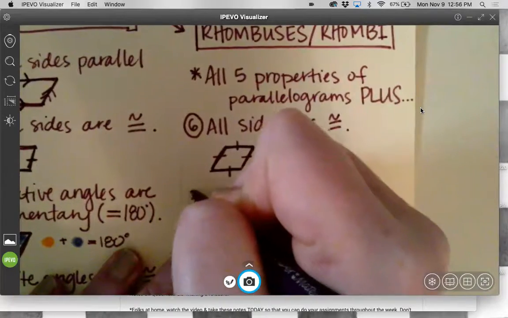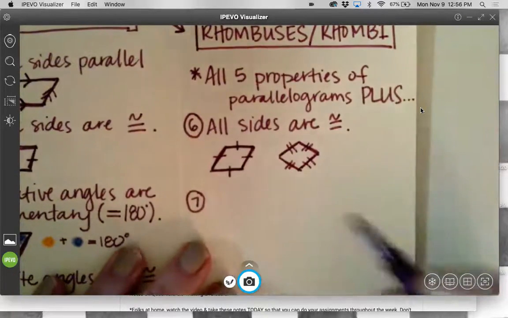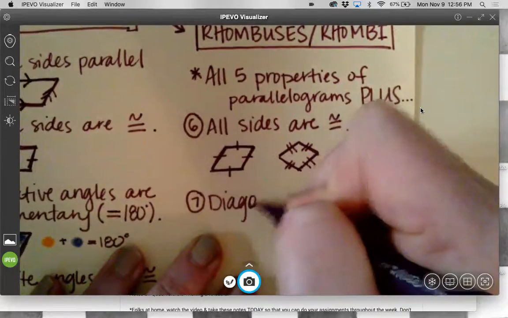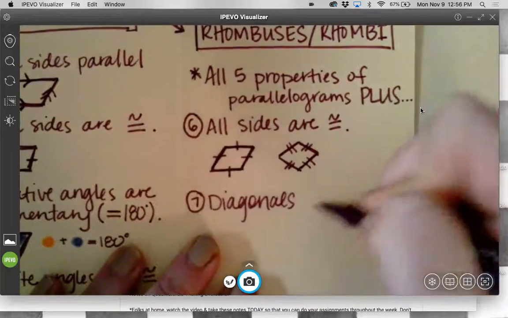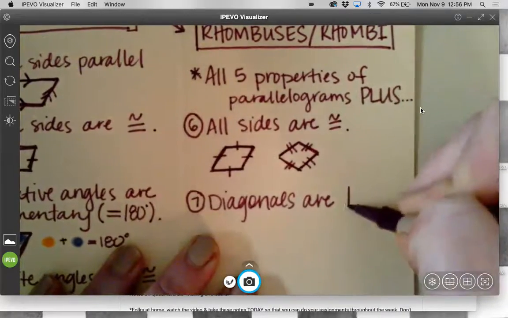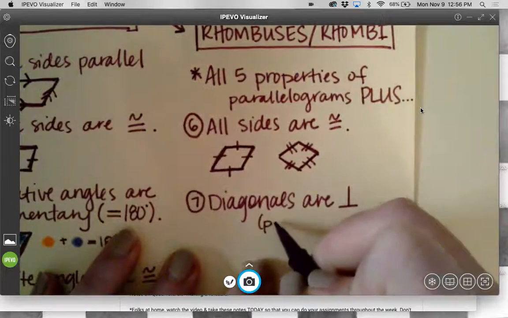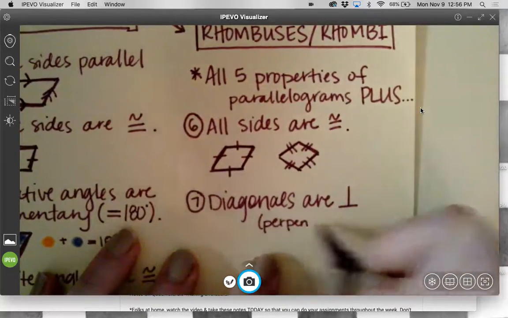Property number 7 of a rhombus is that the diagonals are perpendicular. I'm going to put the symbol, but you can write the word perpendicular. I guess I'll do that too. Perpendicular.